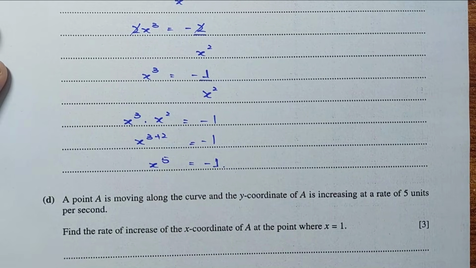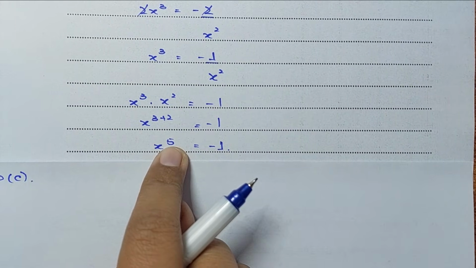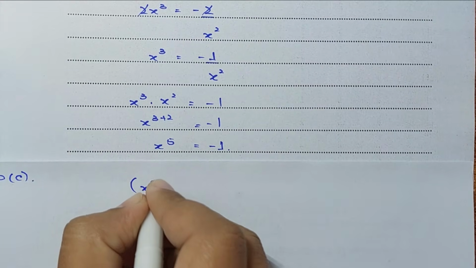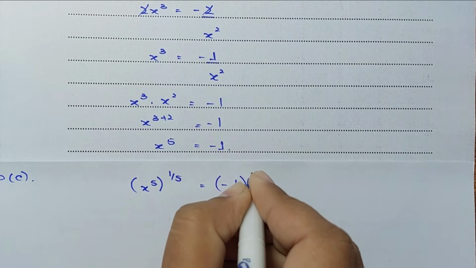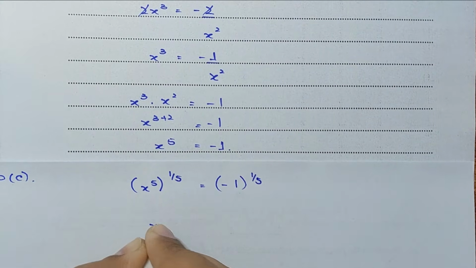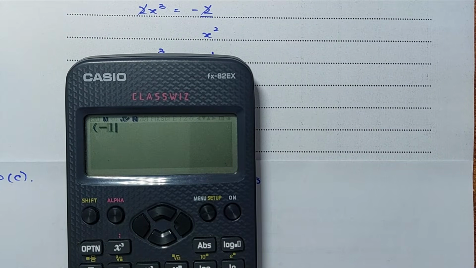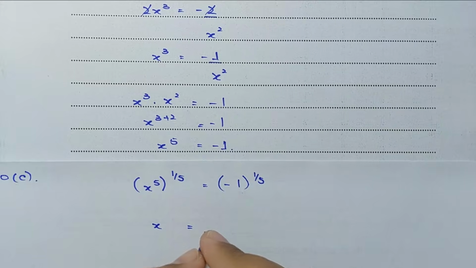When you have x to the power 5, take the fifth root on both sides. So x to the power 5, all to the power 1 over 5, equals -1 to the power 1 over 5. Here the x coordinate is -1 to the power 1 by 5, which is -1.